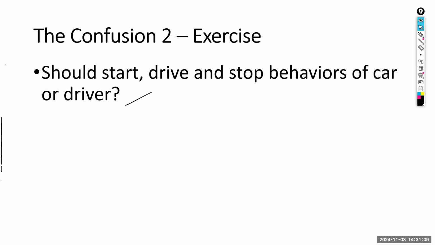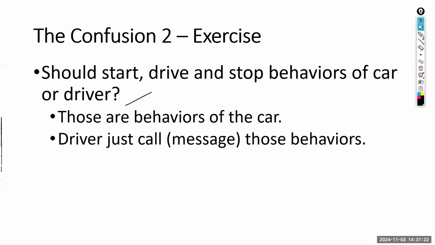Those should be behaviors of the car, not the driver. The driver can call them, message them, invoke those behaviors. Okay. So you must be very, very sure about those things. Otherwise, that confusion will stay forever.